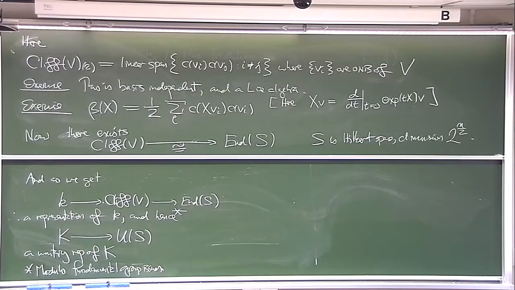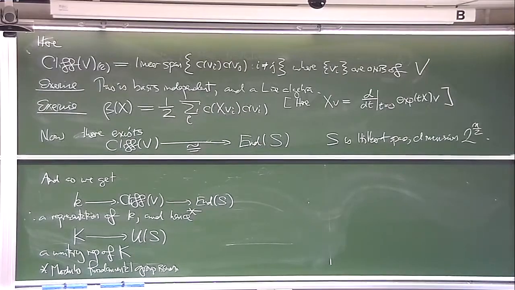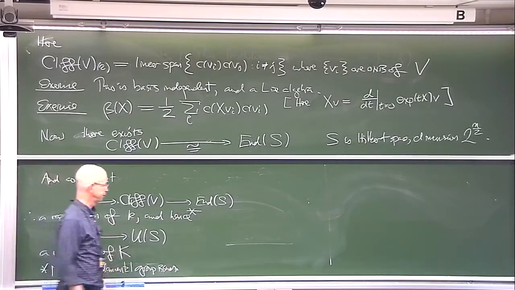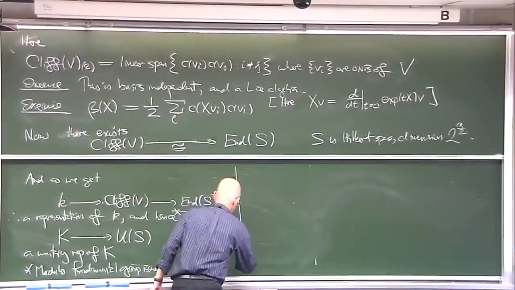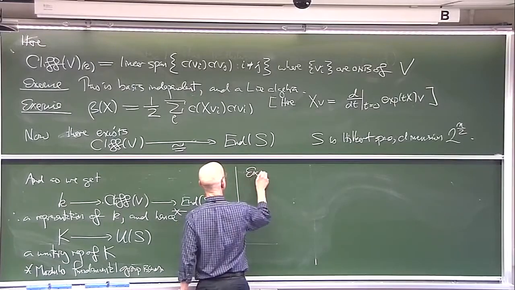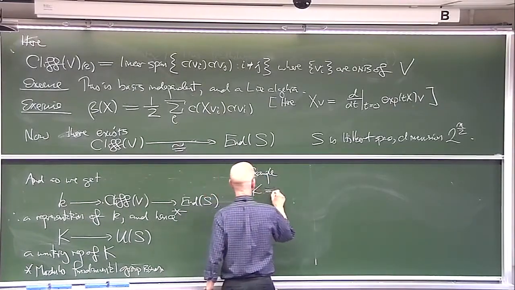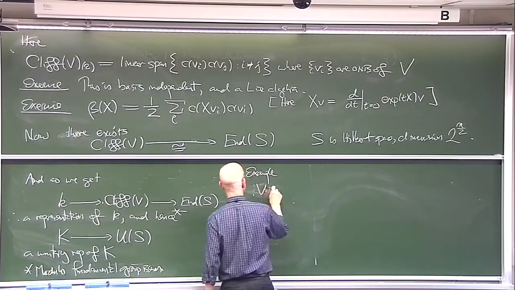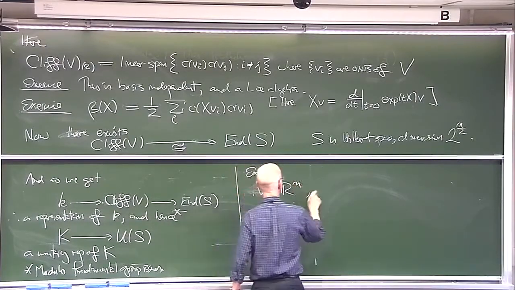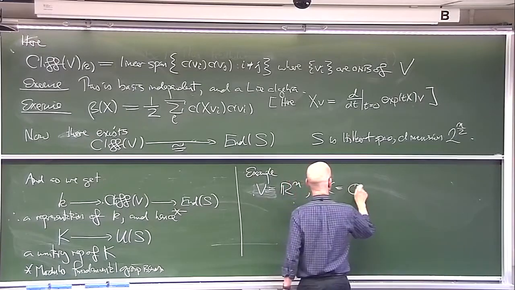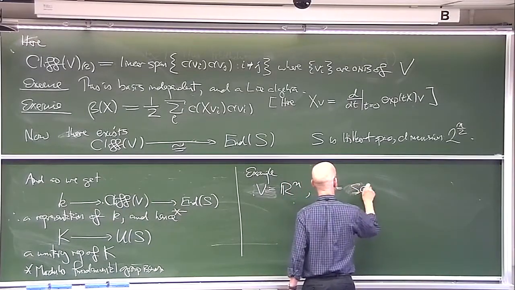All right, so a little bit of representation theory here. Okay, so this is what's called a spinor representation. So we could take V to be R^n, in which case we could take K to be SO(n).